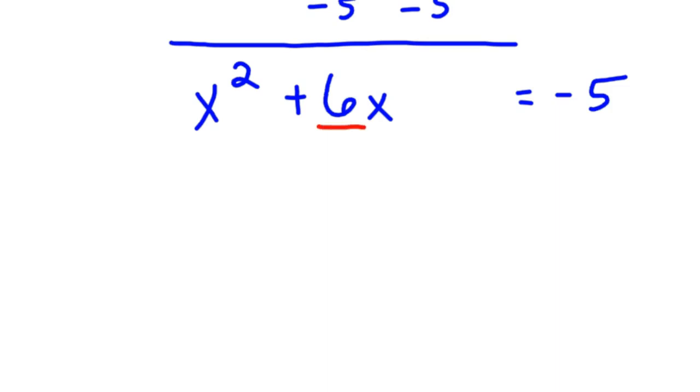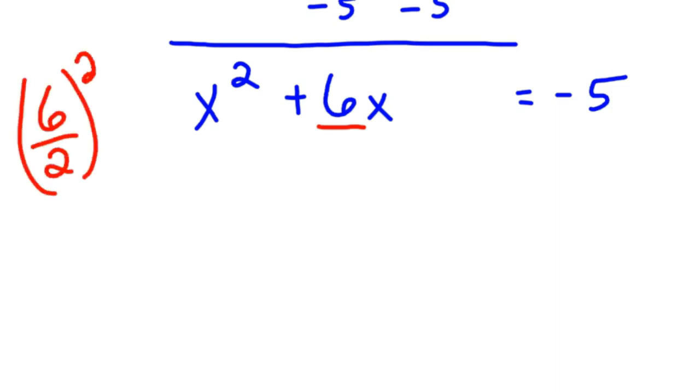So anyway, you take that 6, that middle term, and you divide it by 2, and you square it. When you do that, 6 divided by 2 is 3, 3 squared is 9. So what you're going to do then is add 9 to both sides of this equation. And so you have x squared plus 6x plus 9 equals negative 5 plus 9.